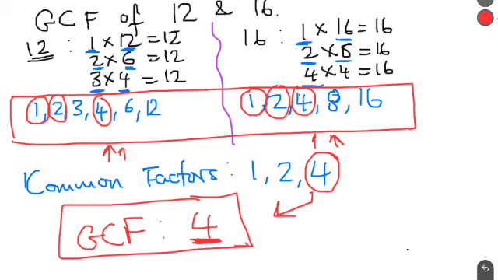Why don't we do another example where we find the greatest common factor of now three numbers? The numbers that we're going to find the greatest common factor for are 12, 15, and 30.